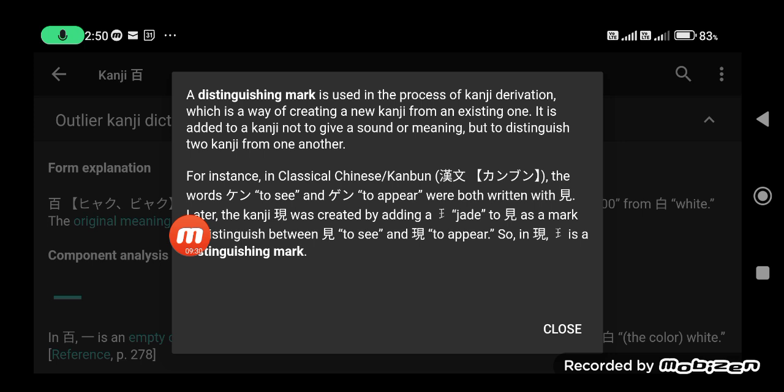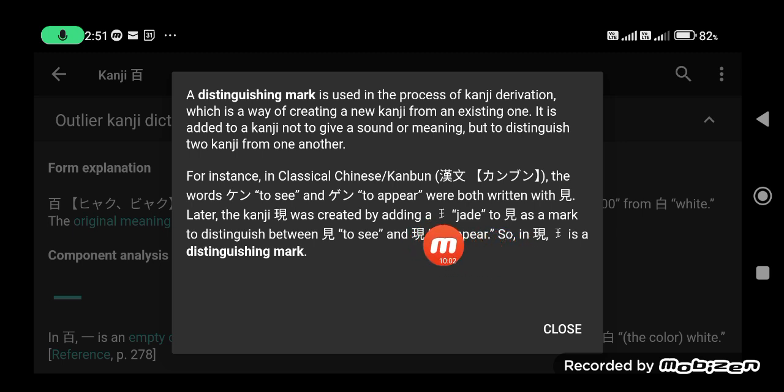But if you want to distinguish two meanings, let's say to see and jade, the distinguishing mark between the two meanings is to simply put a gyoku or jewel radical beside the mi or shi.